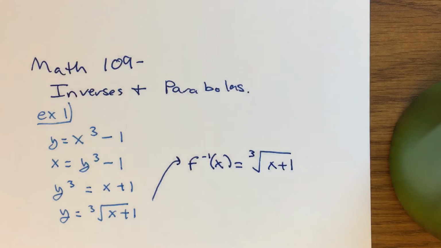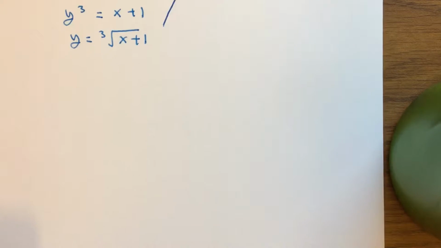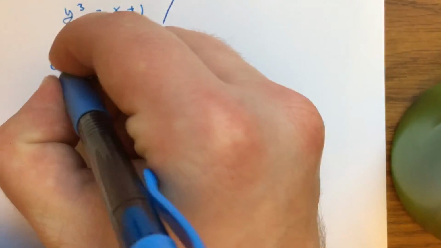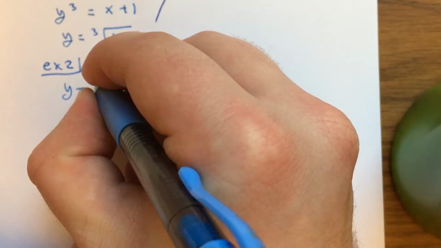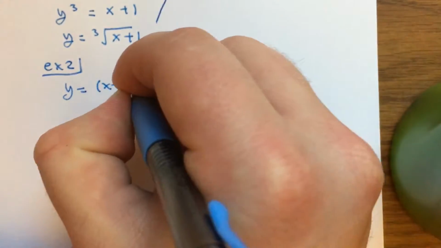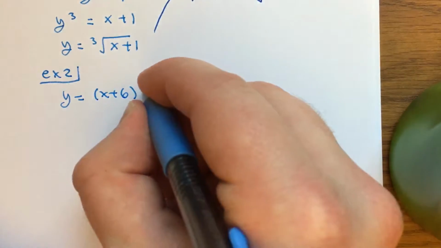Alright, let's move on to our next example. Let's have a more fun one. Example 2. Let y be equal to x plus 6 to the, let's rock it out, to the 5th power.